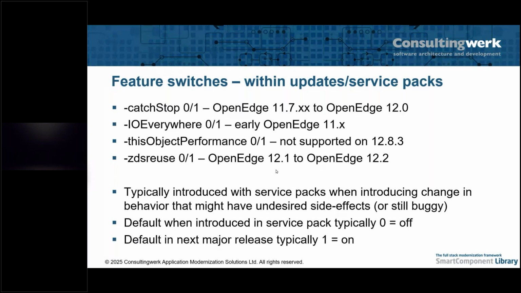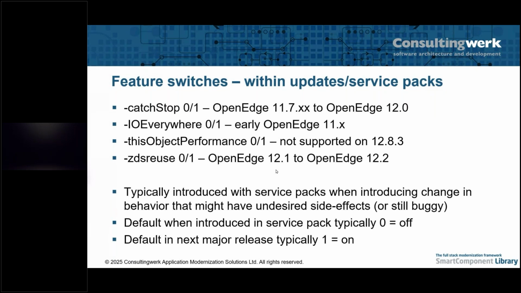Progress has introduced certain changes in behavior of the runtime during service packs of a major release, and felt that it would not be appropriate to significantly change the behavior of the OpenEdge runtime in a service pack. So some of these behavior changes need to be turned on with a startup parameter.